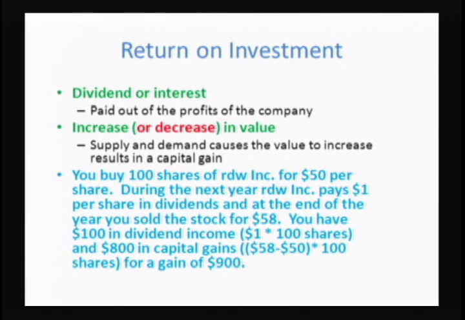You also have $8 per share that you made when you sold the stock. $58 minus $50 gives you the $8 times 100 shares is an $800 capital gain for a total gain of $900. You made money through the dividends, and you made money through the increase in value in the stock.